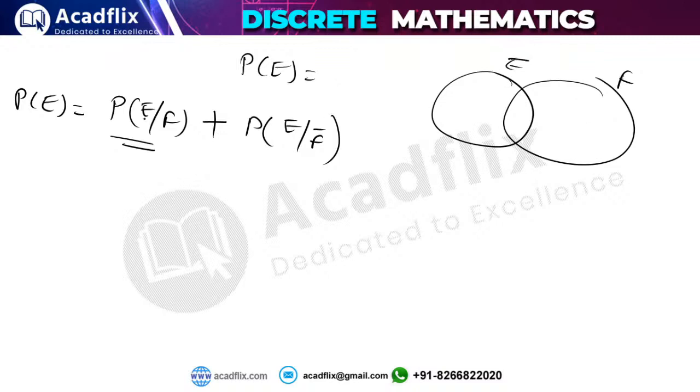I can say that either this F has occurred or this F has not occurred. Of course, these two possibilities are there. Either this F will occur or this F will not occur. So this is the probability of E given that F has occurred, or probability of E given that F has not occurred. So this is the probability of E.